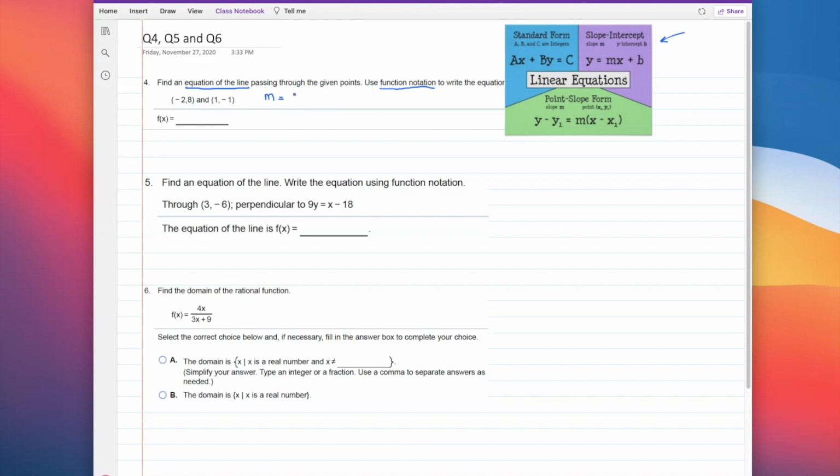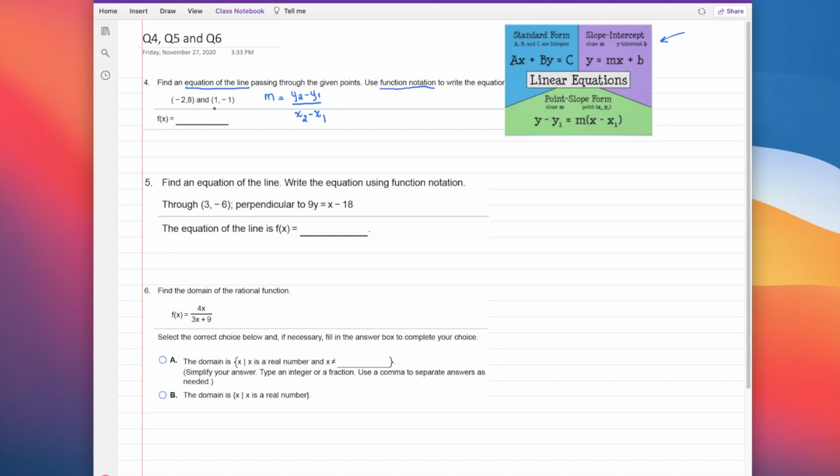So it's the ratio between the vertical change, that's the y, in relation to the horizontal change. This is the definition of slope, the ratio between vertical change and horizontal change.